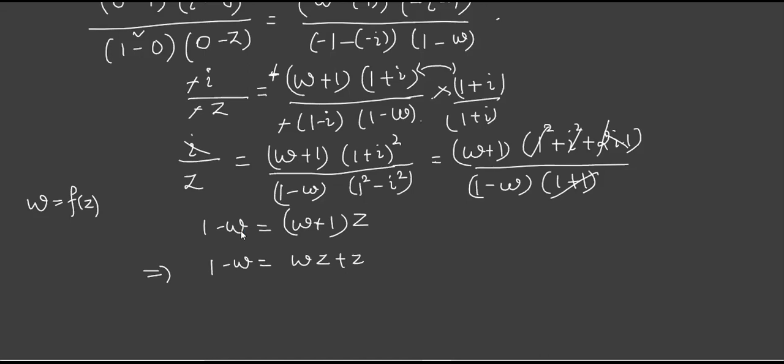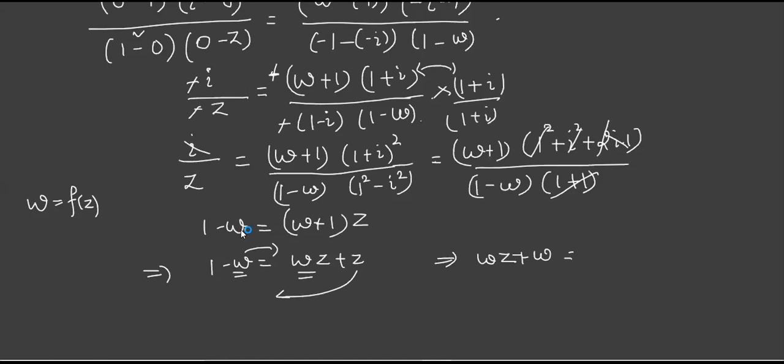Now what do you do? Collect the terms containing w on one side. How many such terms are there? There are 2 terms. So better you shift this w and take it, and then the extra term, take it on the other side. So wz is already present here. If I shift my minus w, it becomes plus w.